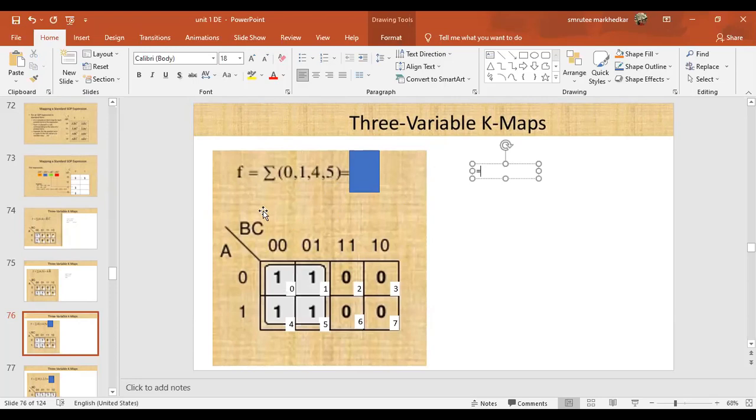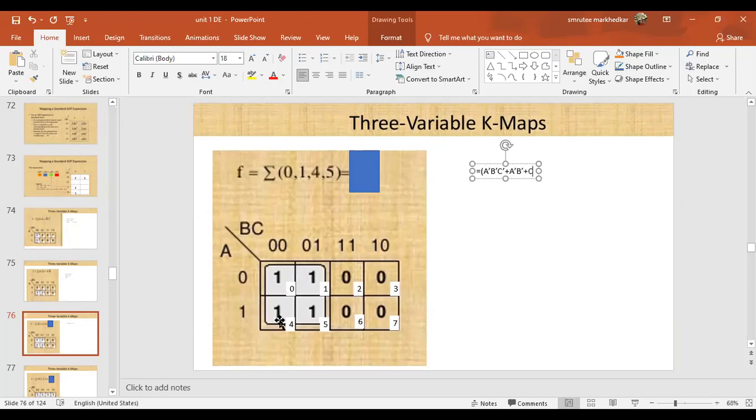So let's see here. What is the situation? I will put a bracket here. I am taking first position that says A bar. Then what about this? This makes it B bar, C bar. Okay. Then here I am having second position, that is A bar, and I'm having B bar here, and I'm having C here.